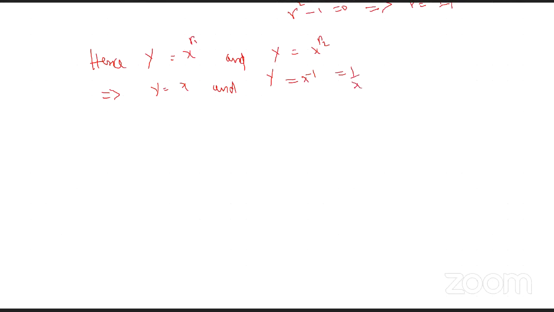These are two linear independent solutions. LI means linear independent solutions.